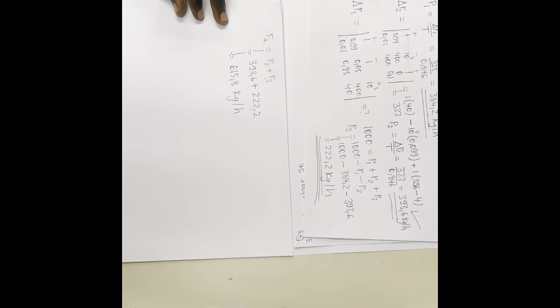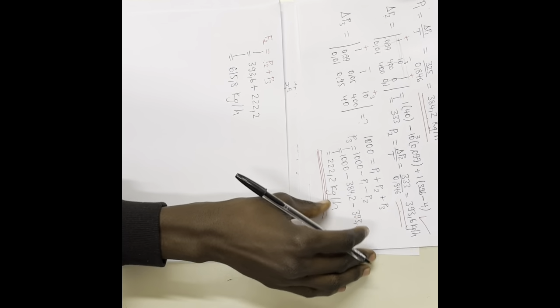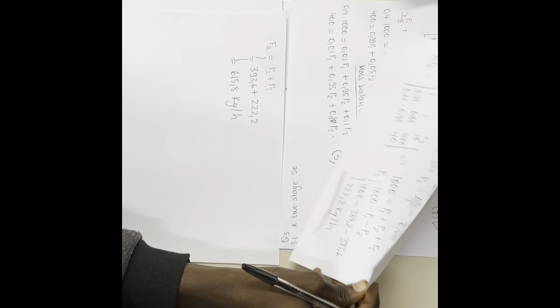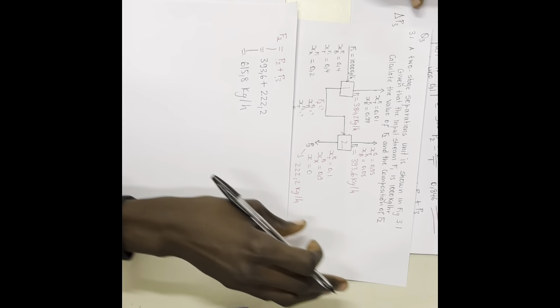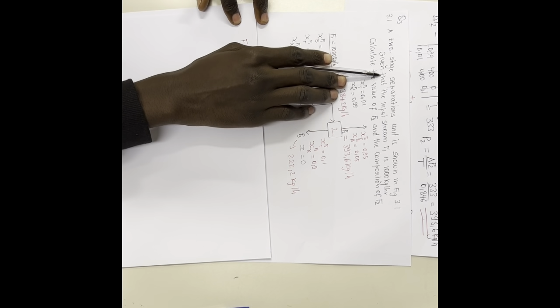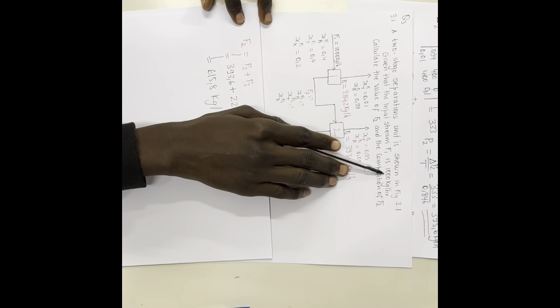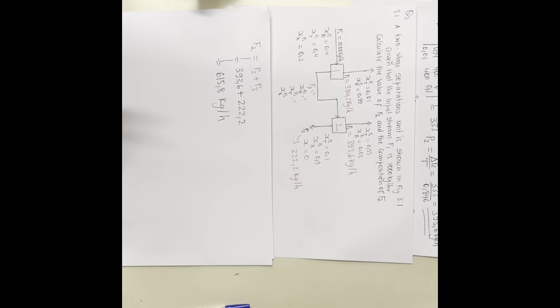So now let me do something with you so that you will see how this can be shown. Let's see if this is right. To see that what you are doing is right, you can always check, guys. They say in the question it's given that the input stream F1 is 10,000 kilogram per hour. So let's see if we can find this.